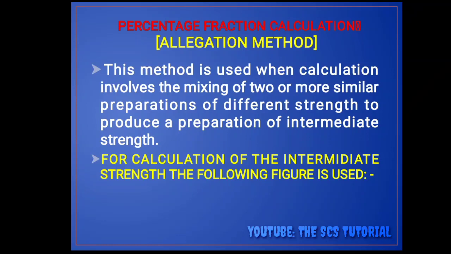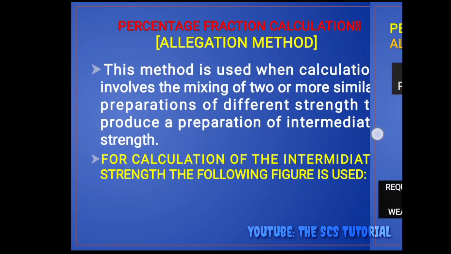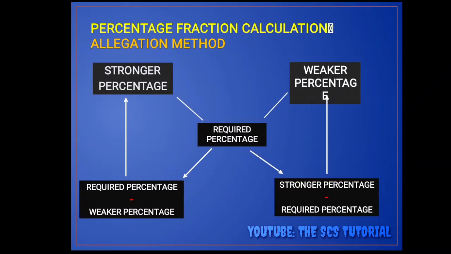Before going to the alligation method, as we have discussed previously the percentage mode of expression of the solution, here we were considering single strength, 5%, 10%, 20%, etc. But here we need to prepare a percentage strength solution from contents of different strengths, to give an intermediate strength of the preparation. In that case, the alligation method is used.